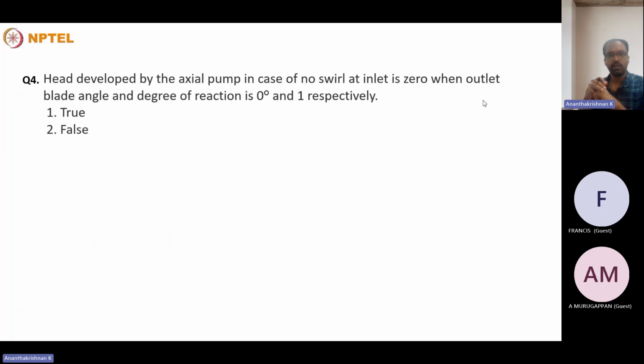When there is no swirl at the inlet, and the outlet blade angle and degree of reaction are 0 degree and 1 respectively, head developed will be 0. So that is the statement. Is it true or false?